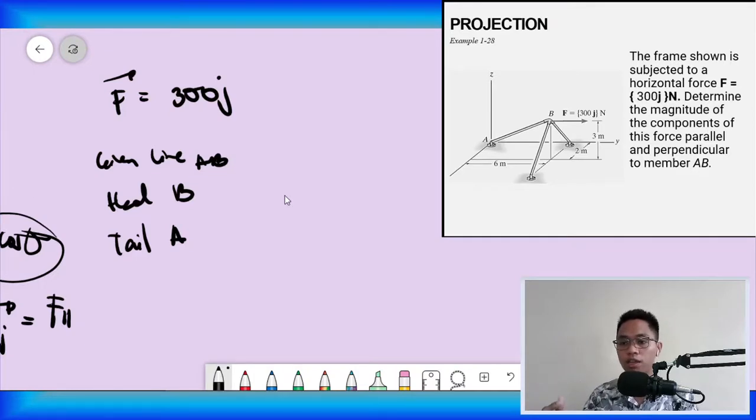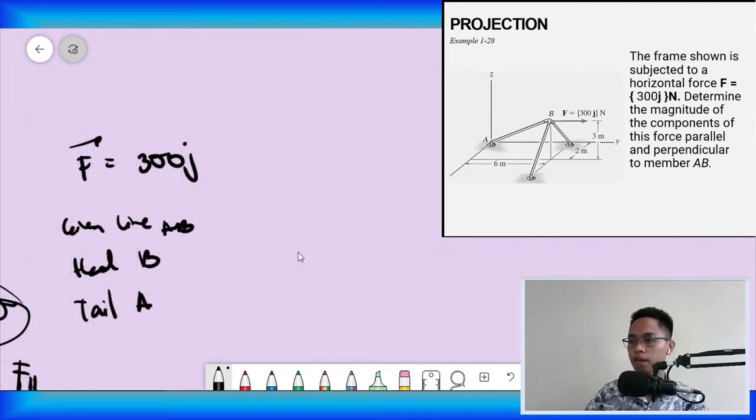But our goal here is to solve for the component of the force parallel, meaning along AB, and perpendicular to the AB side. So again, the first step is the formula to solve for F parallel.